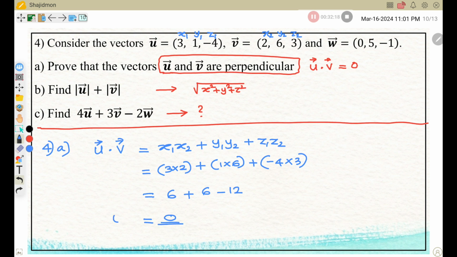So u dot v, we are getting the answer equal to 0. That means we can say vector u and vector v are perpendicular. I hope you understood the first part. Dot product 0 means that the two vectors are perpendicular vectors. Now let me go to the second question, part B.